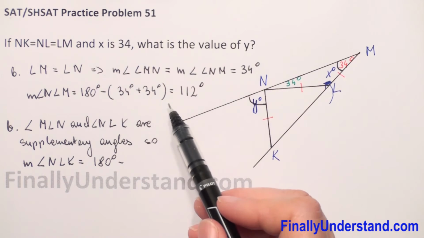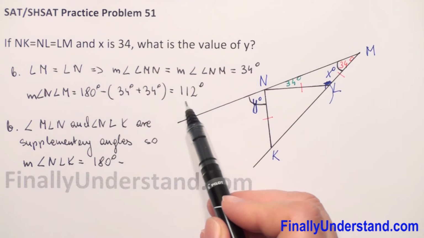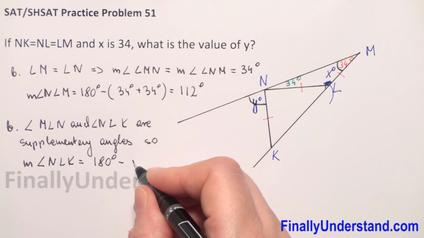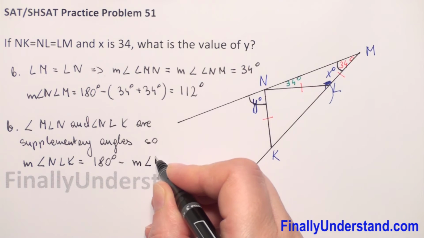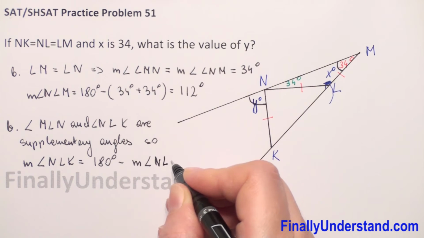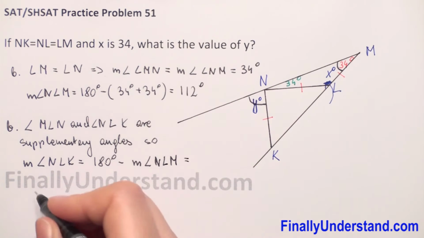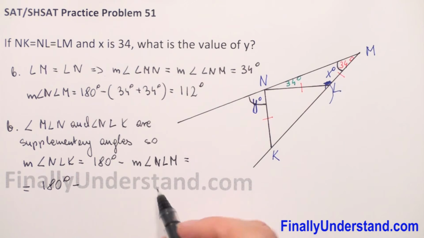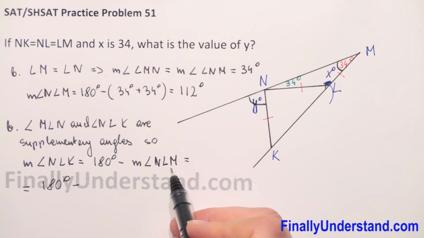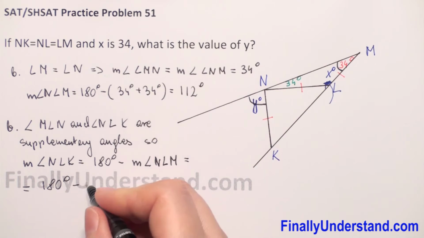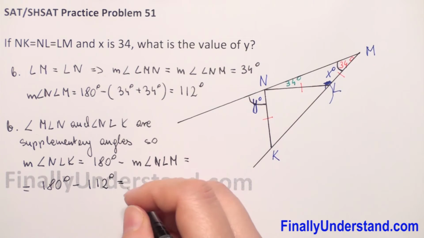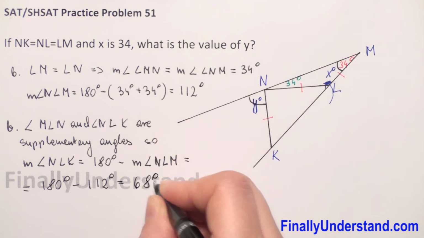We found that this is 112 degrees, but let me write this maybe at the beginning. Measure of angle NLM. So this is equal to 180 degrees minus the measure of angle NLM, which is 112 degrees. So this is equal to 68 degrees.